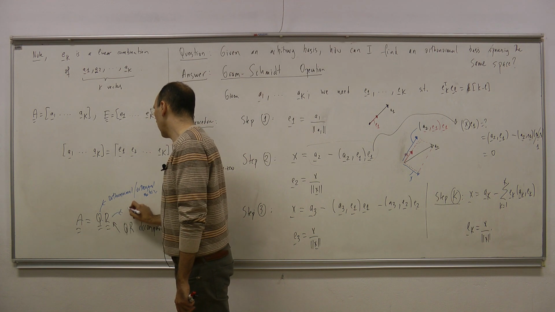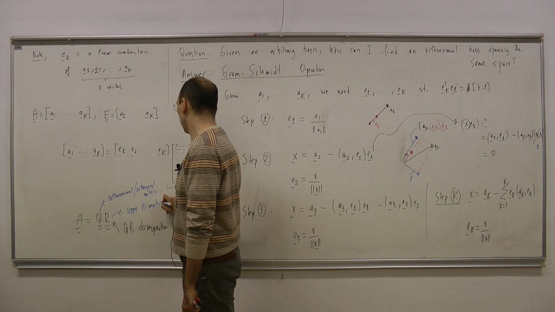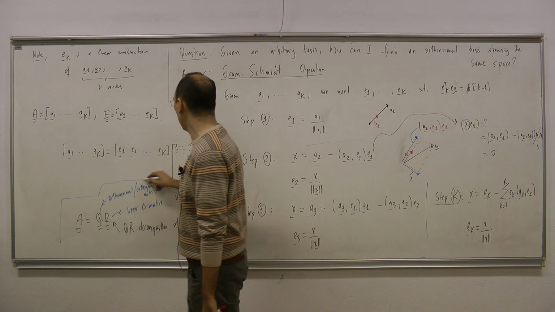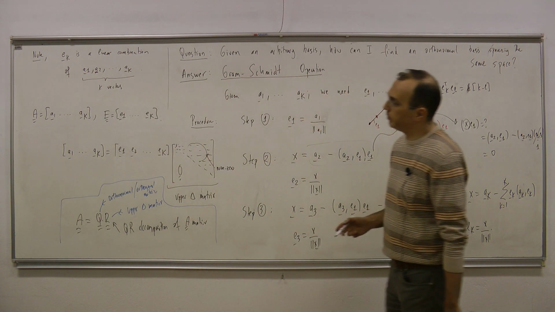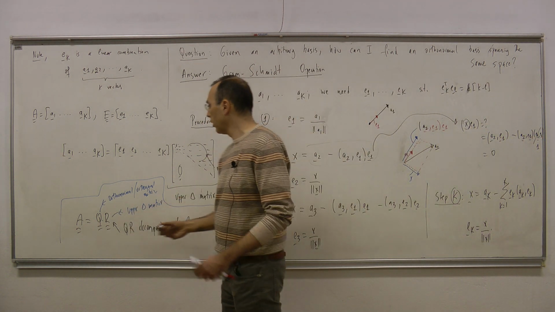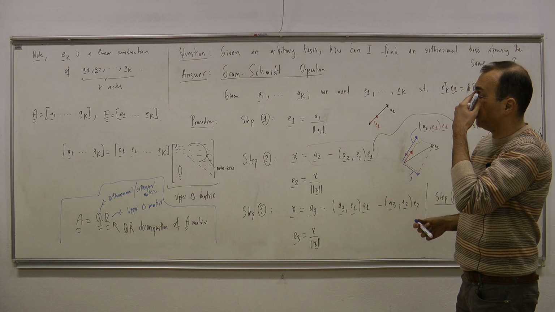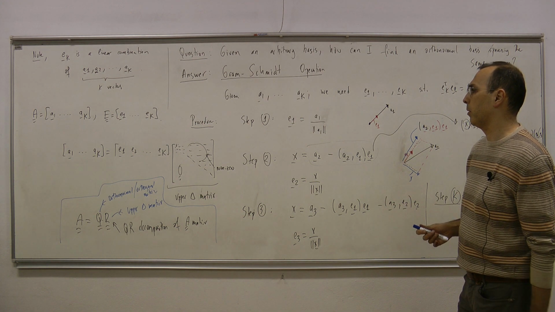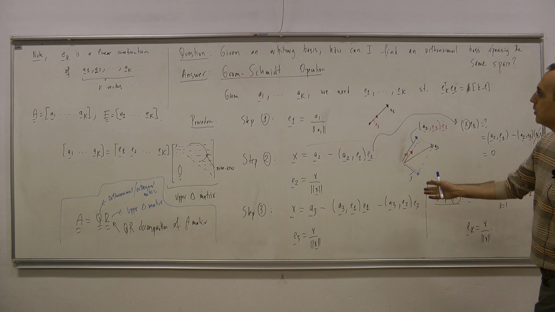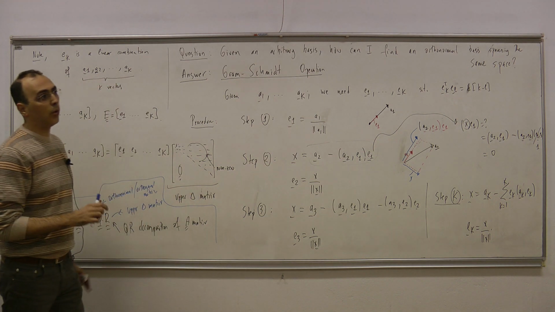And R is an upper triangular matrix. There are some linear algebra packages, let's say in MATLAB and so on. You can immediately calculate this QR decomposition by a single command. And as you see, Gram-Schmidt is nothing but QR decomposition actually. Of course, this is another way of checking whether these vectors are linearly independent or not.